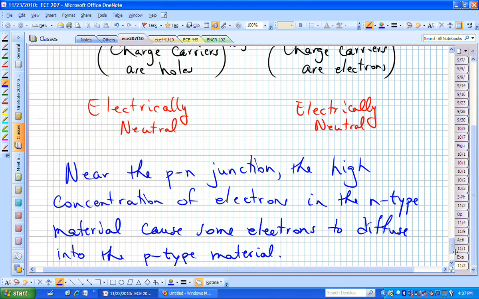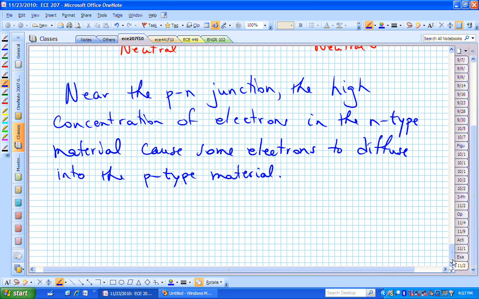And just like the electrons in the n-type are wanting to diffuse across into the p-type material, the holes in the p-type material are wanting to diffuse into the n-type material. Likewise for the holes.